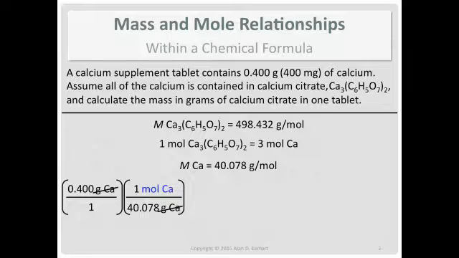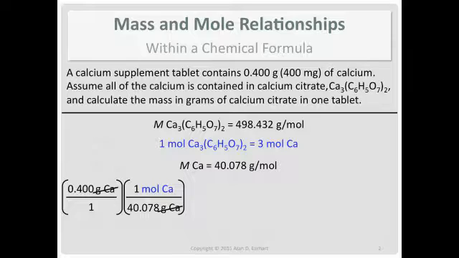All right, now that we have moles of calcium, what can we do in 1 step? Well, we want moles of calcium citrate. So we know that for every 3 moles of calcium, we get 1 mole of calcium citrate. So think about how I'm going to put that in as a conversion. What goes over what?